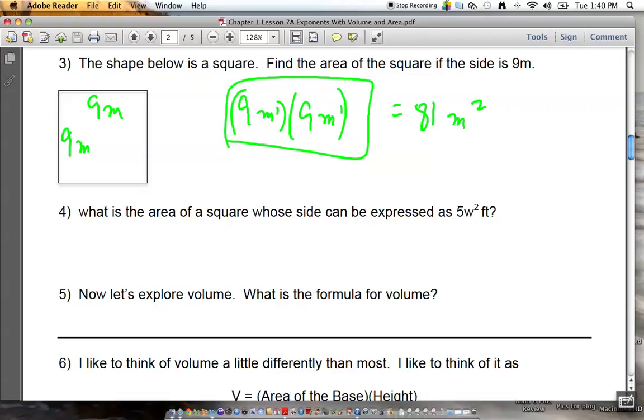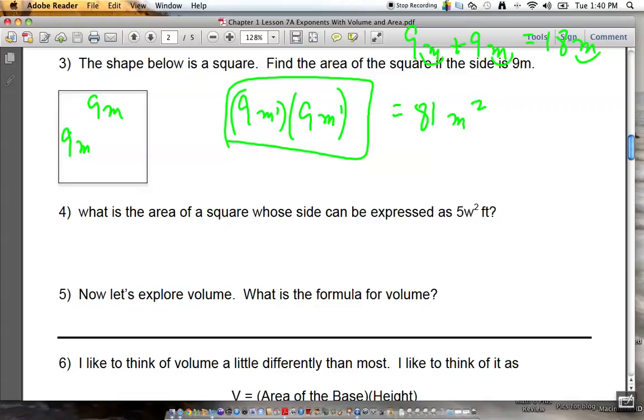Now I just want to go back for a second and emphasize this. What would 9m plus 9m be? 18m, that's right. Because when you're adding, the kind of thing never changes. If I add dollars to dollars, I don't get dollars squared, do I? No. If I'm adding elephants to elephants, I don't get elephants squared, do I? No. So if I add m's, I get more m's.